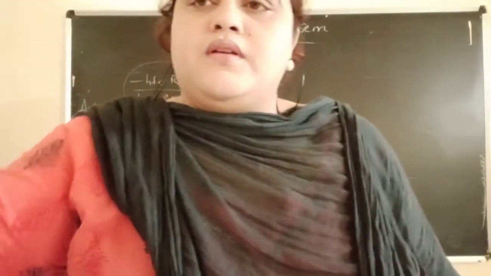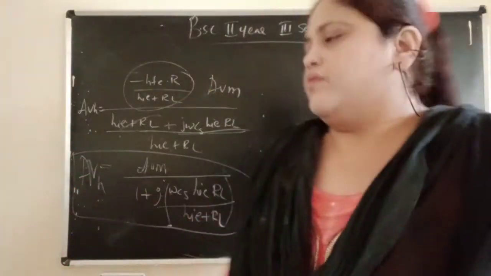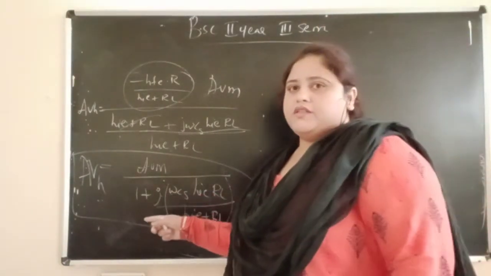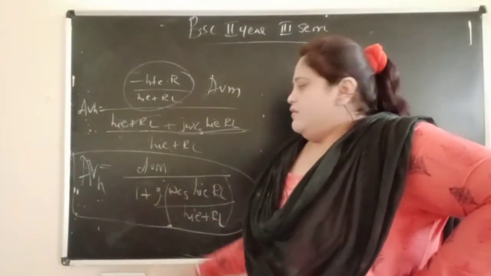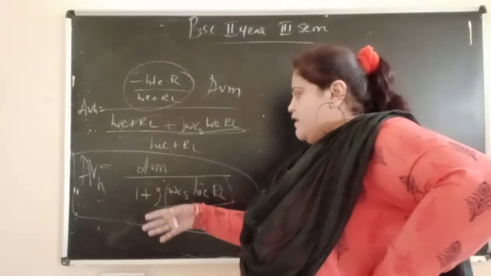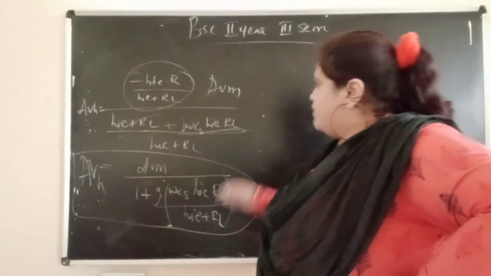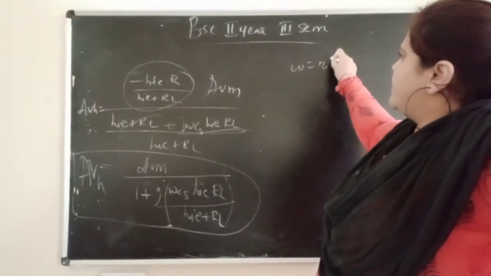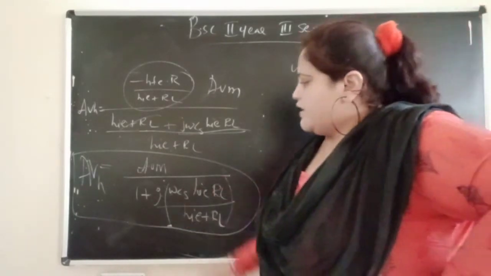Now, because it is an imaginary term, I will take j common, outside, and I will write this. Now what is the omega value? Omega equals 2 pi f. Substitute omega here.